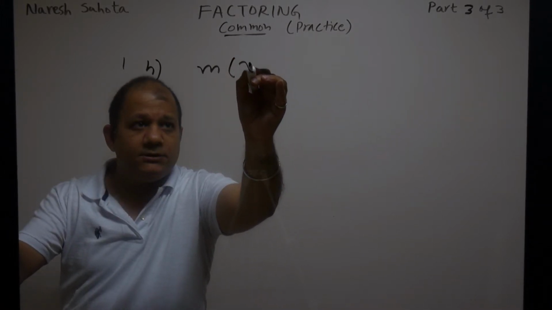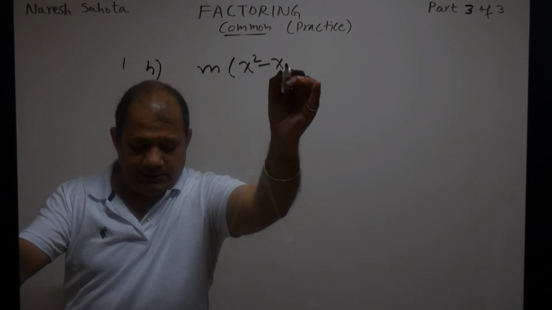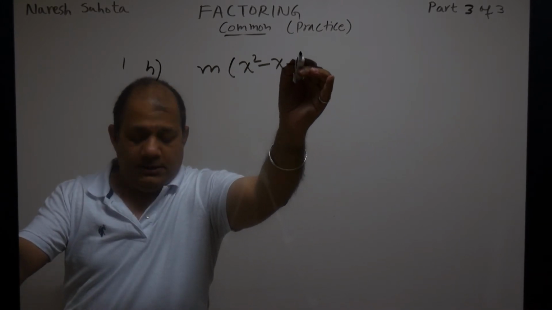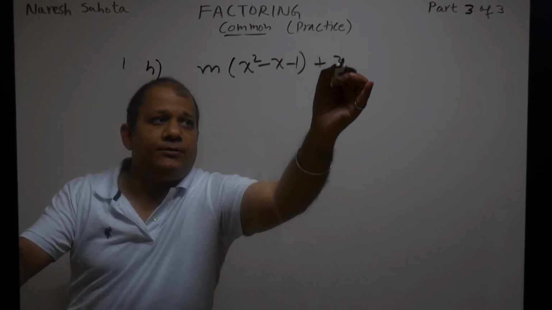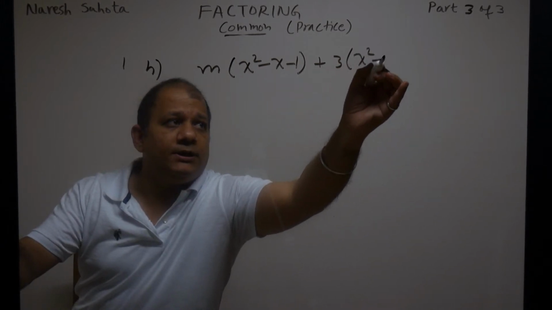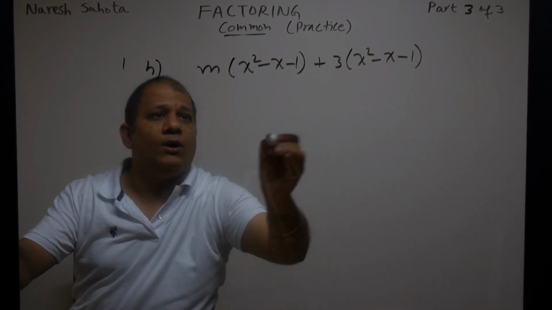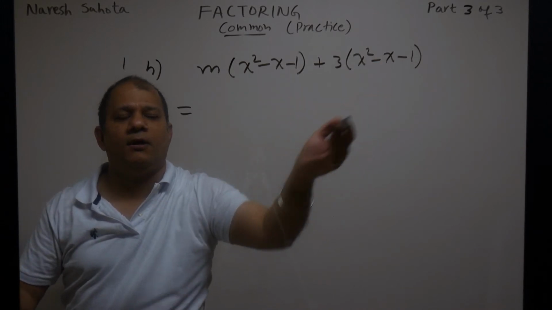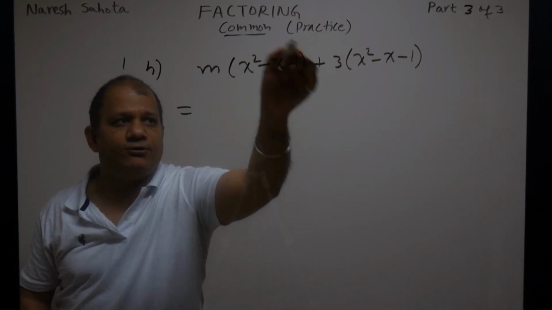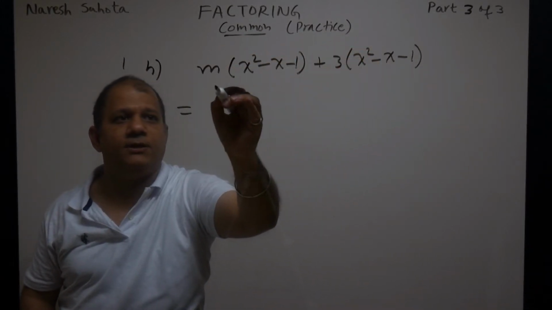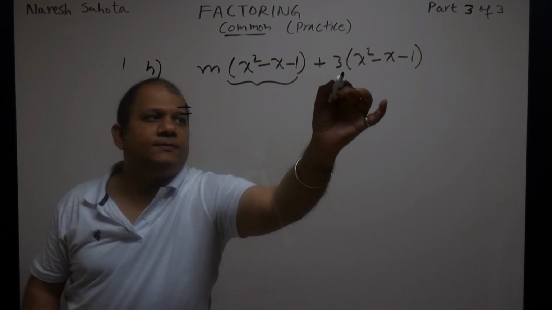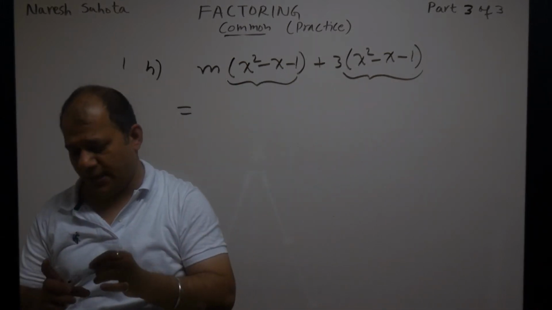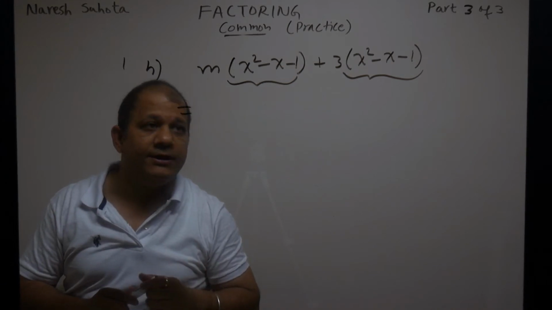So m times x squared minus x minus 1, plus 3 times x squared minus x minus 1. So, common factoring. Well, we have two terms, first term, second term, and the operation is addition, but what I see is we have a common bracket appearing in both.